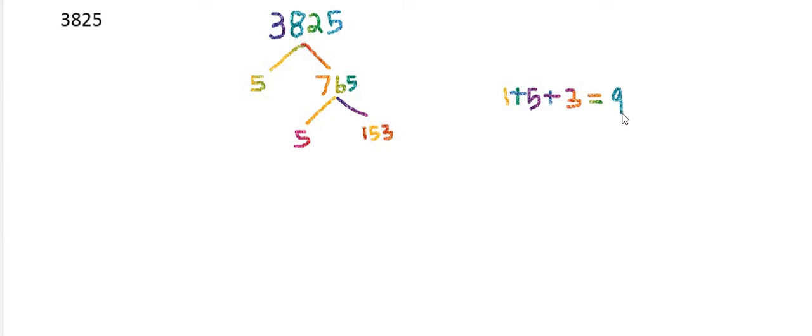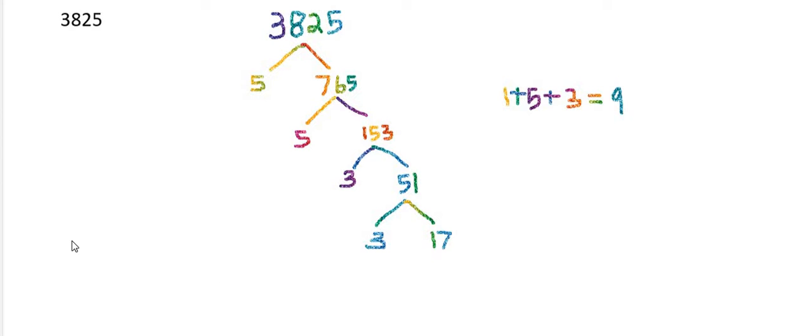So 9 is a multiple of 3, so we can identify that 153 is divisible by 3. So I just divide by 3 now. We get 3 51s are 153. And 51, 5 plus 1 is 6, so it is also divisible by 3. Again we divide by 3, we get 17.